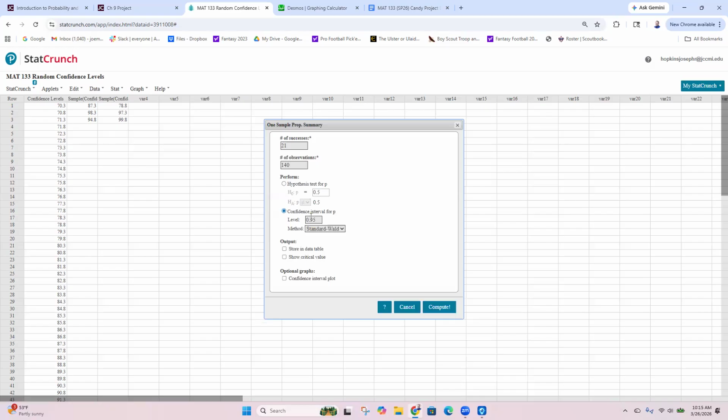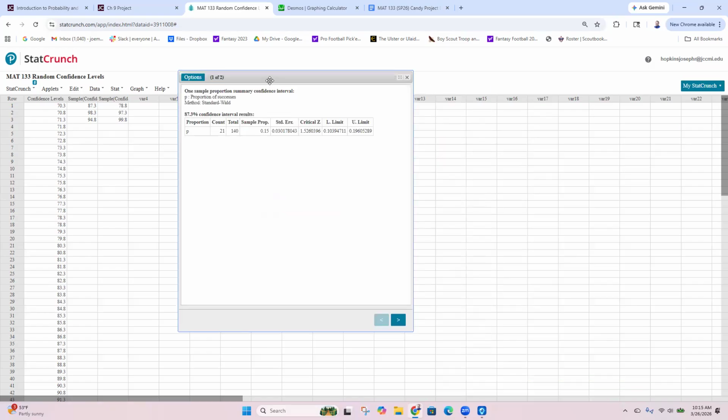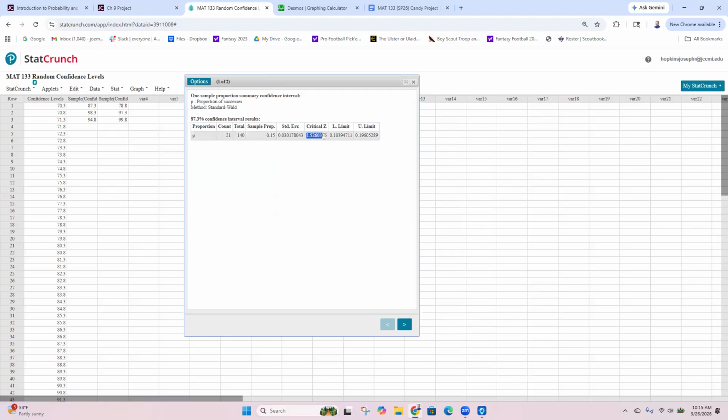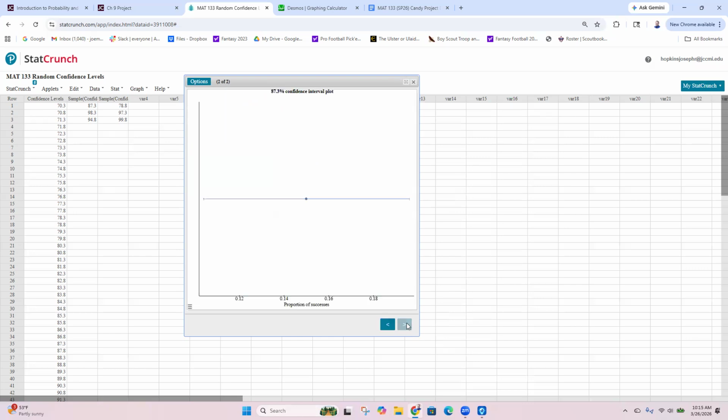Changed my dot over to the confidence interval. Put in whatever confidence interval number you have. Click the show critical value and then hit compute. Okay. And here's my Z value. Here's my lower limit. Here's my upper limit. Okay. Yeah, that doesn't really give me anything.